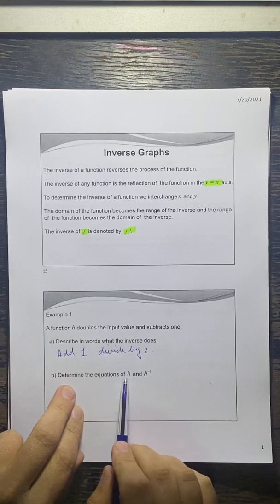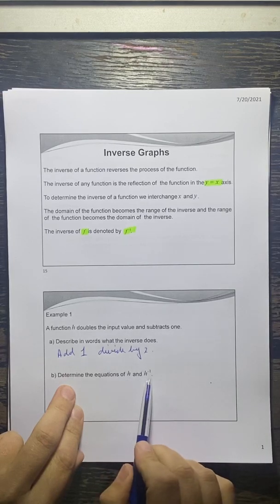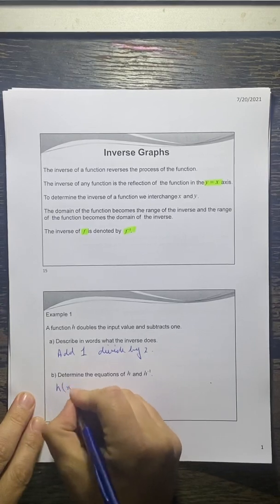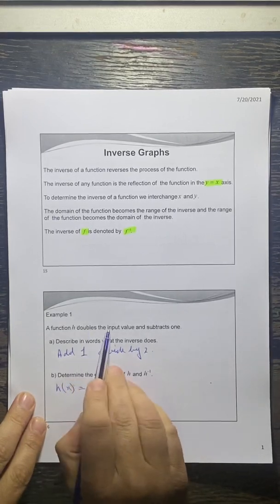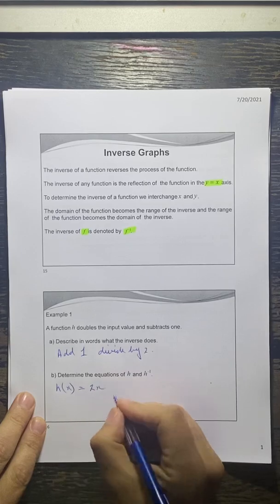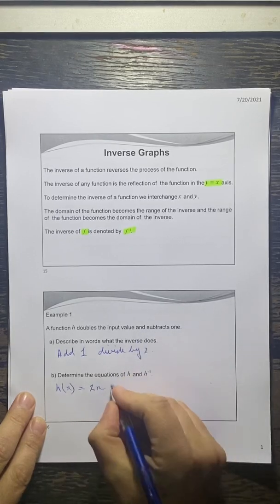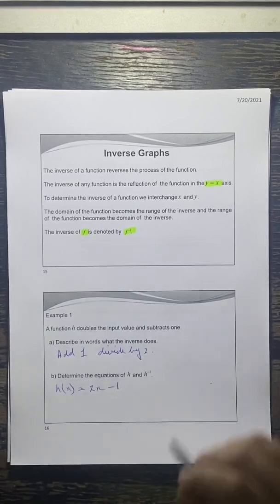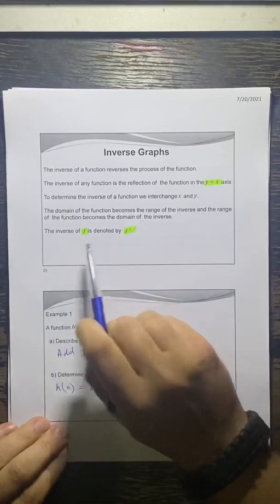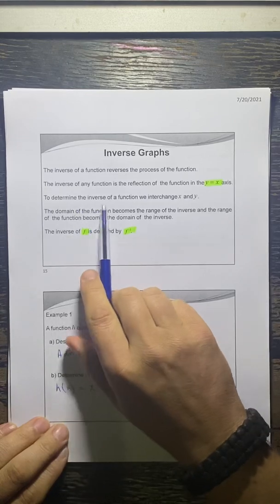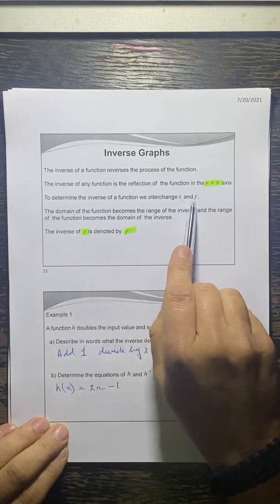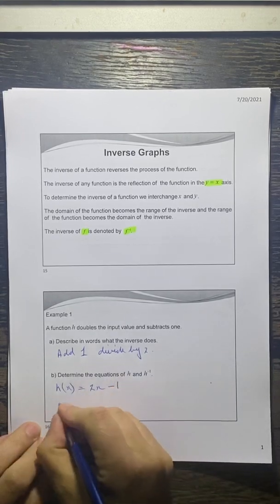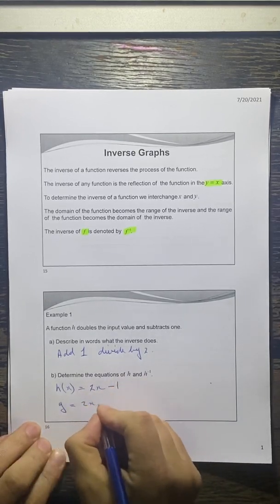Determine the equations of h and h inverse. So here we've got the original, which is h of x, and what it does is it doubles an input: 2 times x, which is our input, then it subtracts 1, and that is our original function. To determine the inverse of a function, we interchange x and y. I can rewrite this function as y is equal to 2x minus 1.